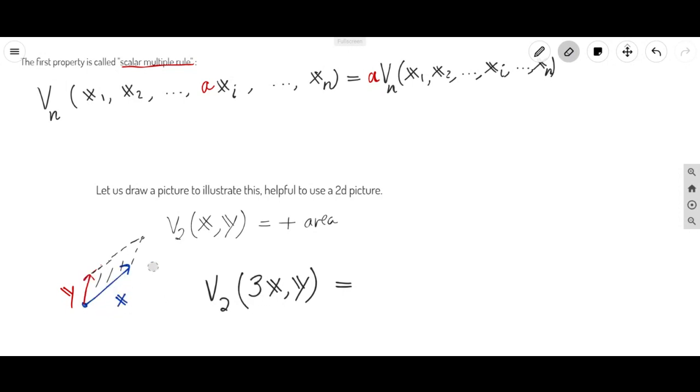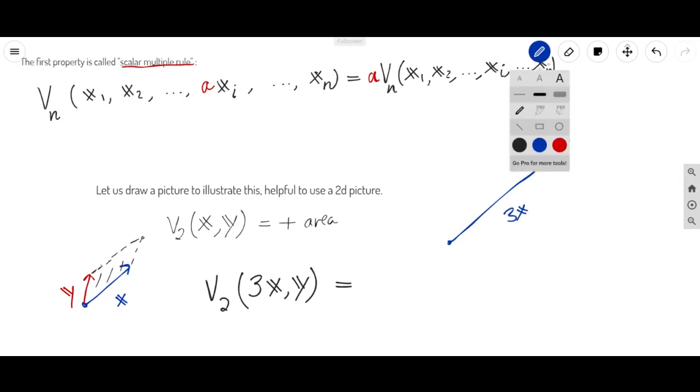So this vector will become 3 times as long, and your picture would now look like this. The actual direction of the vector remains exactly what it was before, but now it is 3 times as long as it was before, and the vector y stays exactly as it was before.